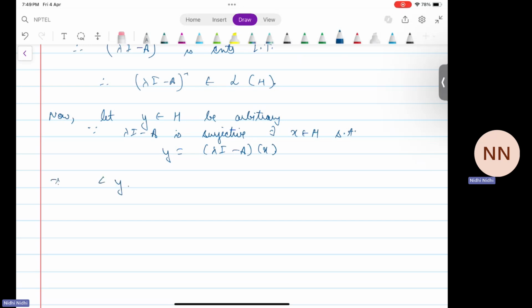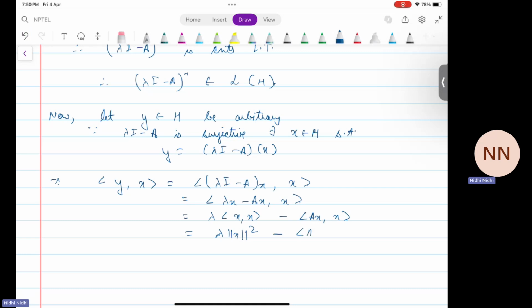This implies the inner product of y with x is equal to the inner product of (lambda I minus A)x with x. This is lambda times the inner product of x with x minus the inner product of Ax with x, that is lambda norm x square minus the inner product of Ax with x. Now, since this inner product is negative, its minus will turn out to be positive. So this is a positive term. Therefore, this is greater than or equal to lambda norm x square.